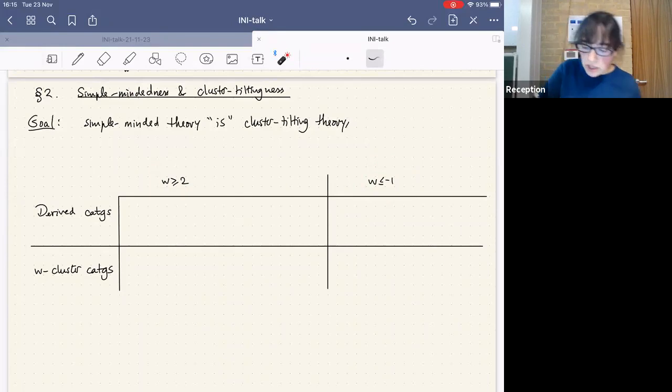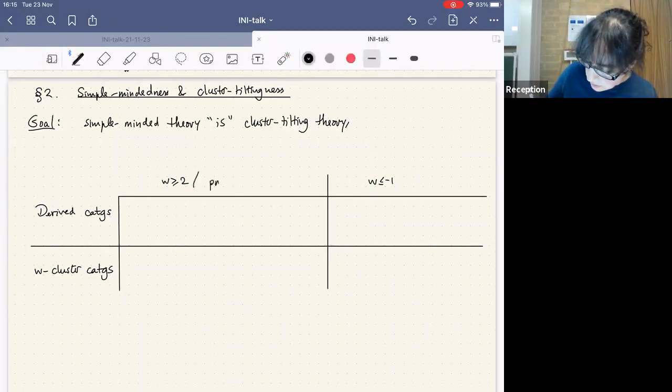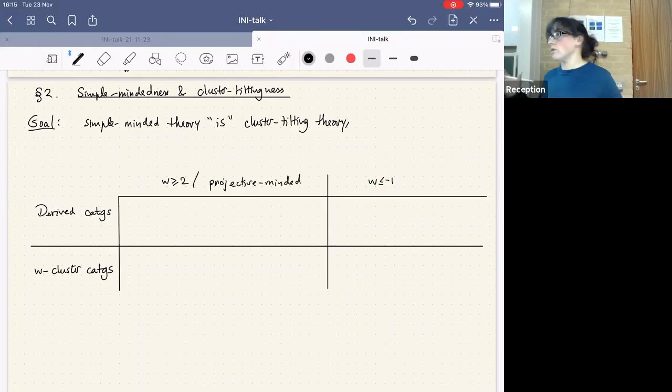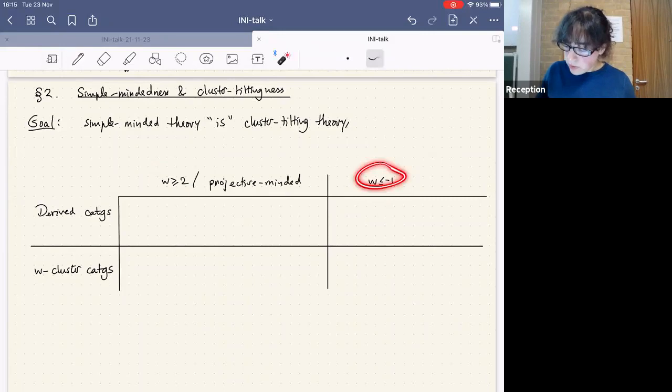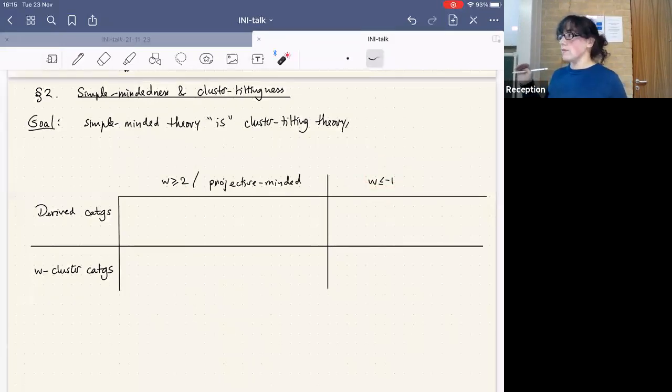These are really projective-minded objects, right? So this is some generalization of projective modules. And in the negative Calabi-Yau world, we've seen in the examples there are lots of stable module categories. The natural thing to study there is simple objects.